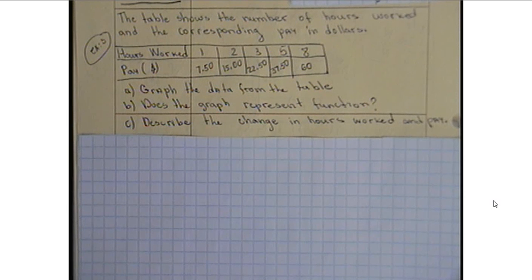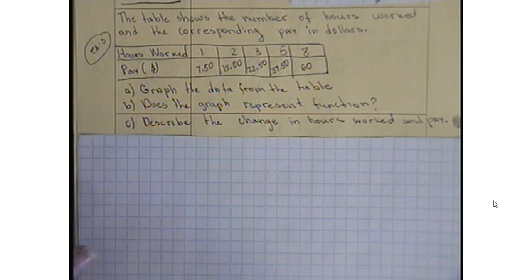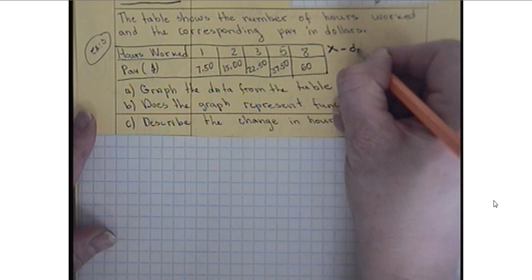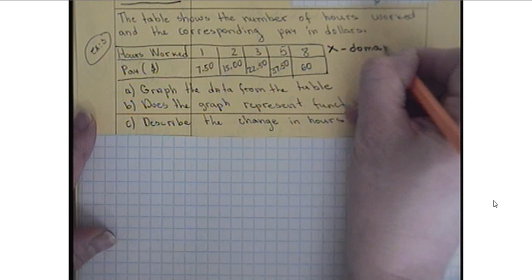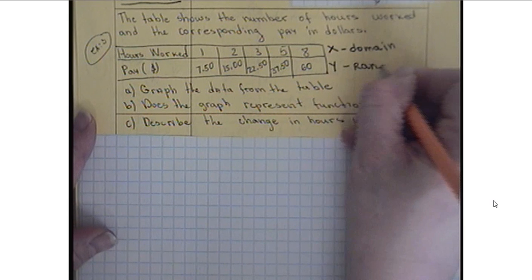Now, we have 3 things to do. We want to graph the data from the table. And when we have a given table like this, that means this will be our x, which is the domain of the function. And this will be y, which is the range of the function.